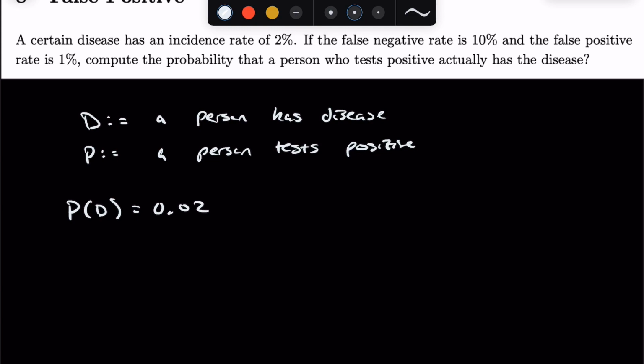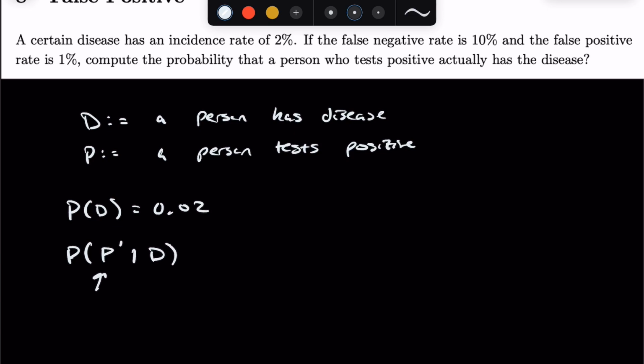The second piece of information is that the false negative rate is 10%. Just a reminder, a false negative is when a person tests negative, but they're actually positive. So this expression is they test negative given that they actually do have the disease.